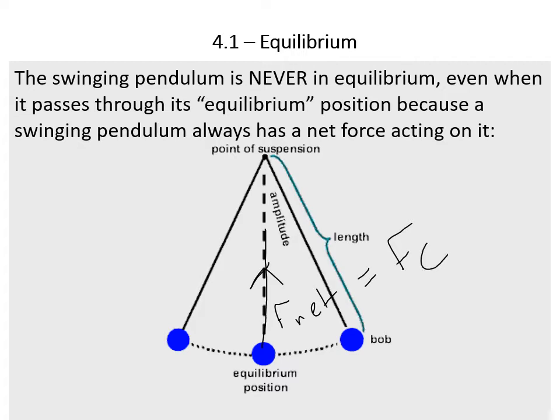What guides the pendulum back and forth is a component of the force of gravity. So it's one component of Fg that guides the pendulum back and forth. But even at its equilibrium position, there is always a net force acting on a swinging pendulum. So a swinging pendulum is never in equilibrium.